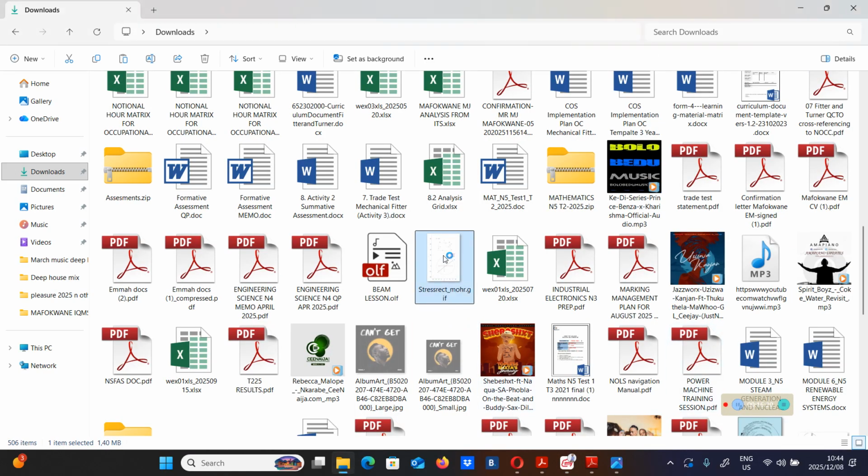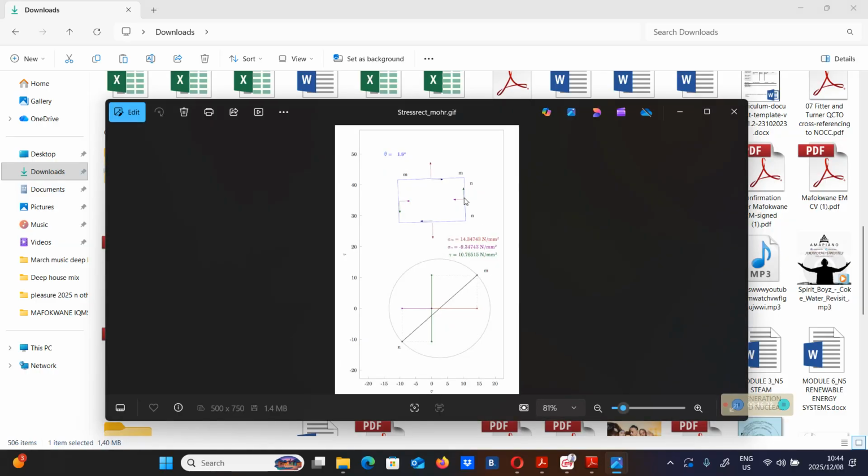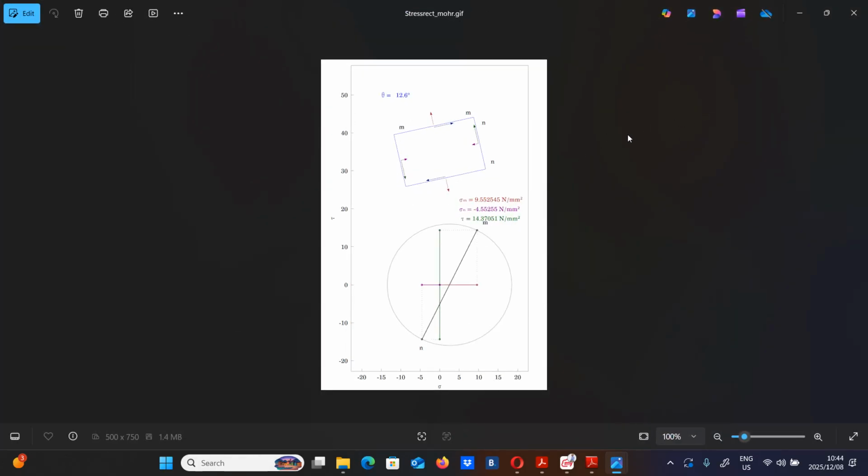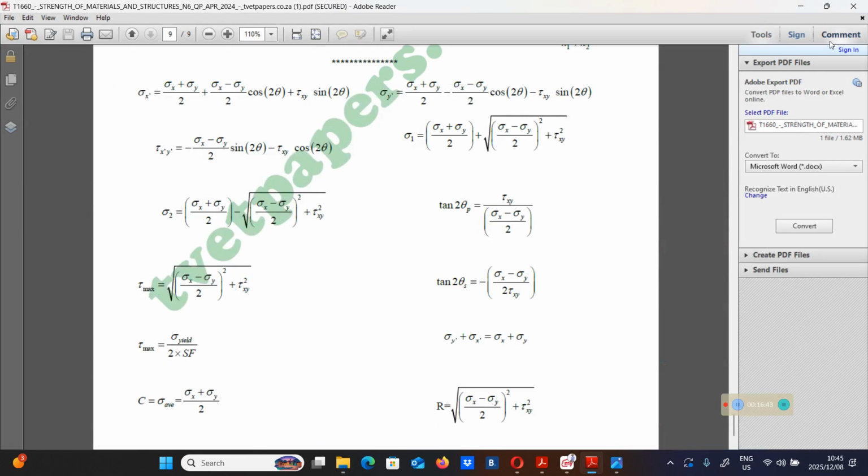Right, let's have a look here. You will see that you are going to have the values for normal stress and shear stress on the Y phase and on the X phase.